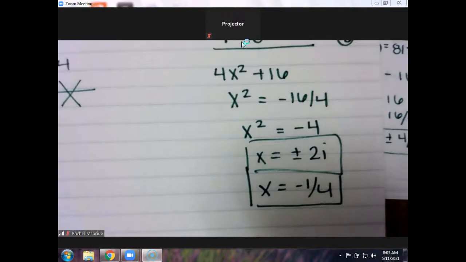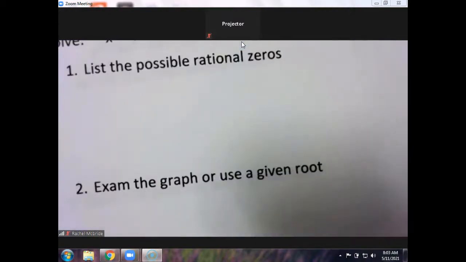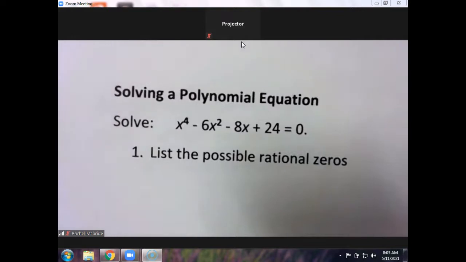All right, so let's start with the process. So if you get a polynomial function, then the steps are pretty simple.